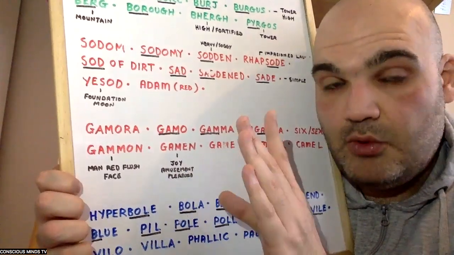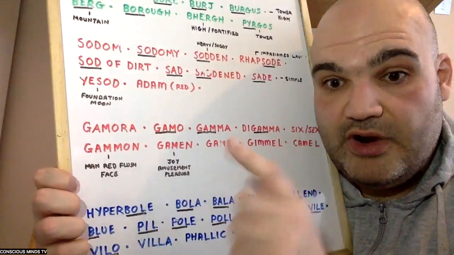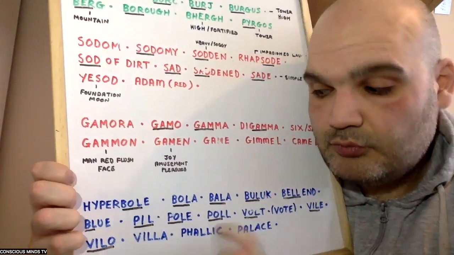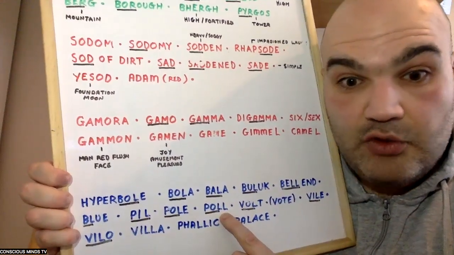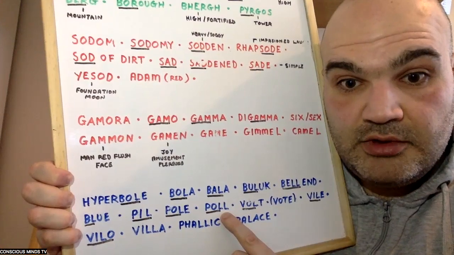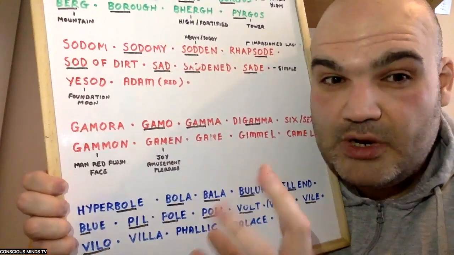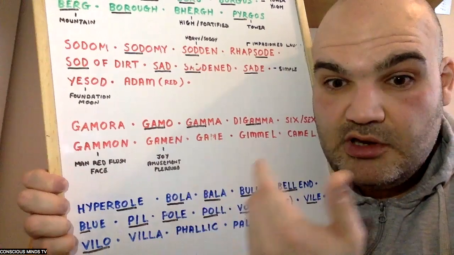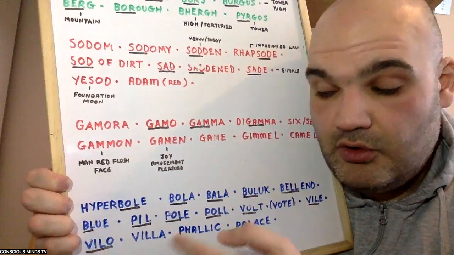And like I said, a pole is a battery because it has a positive and negative, a red and a blue. We also get the word pole, as in you go to a polling station to see who you're going to put in charge. Again, all electrical words. Obviously, we go to the polling station to vote or vault.